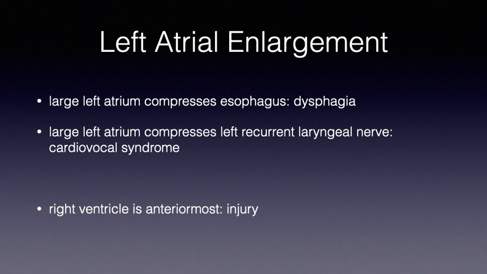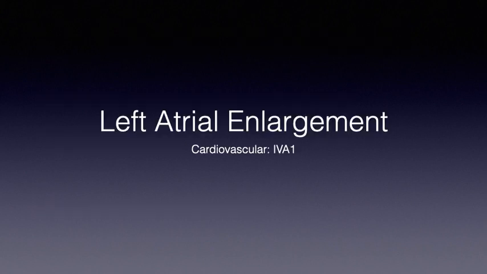An enlarged left atrium can cause dysphagia by compressing the esophagus. An enlarged left atrium can also cause hoarseness of Ortner syndrome by compressing the left recurrent laryngeal nerve. And as a quick throw-in, the right ventricle, since it is in front of the mediastinum, it's particularly vulnerable to traumatic injury. Okay, that's it for this one.